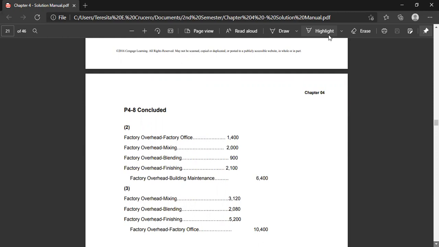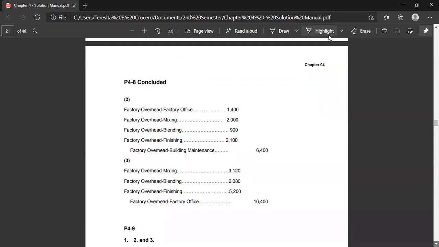We credit factory overhead building maintenance for 6,400.